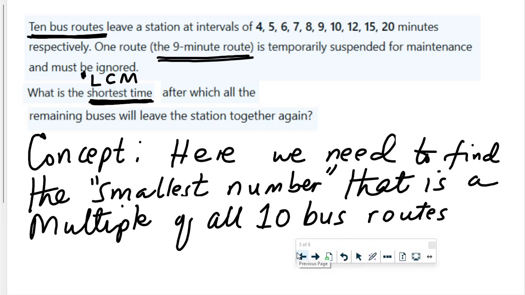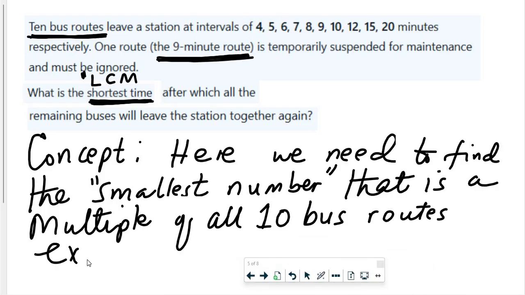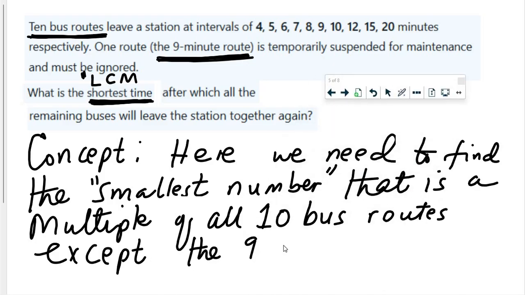But guess what? Except the 9-minute route. That is all.